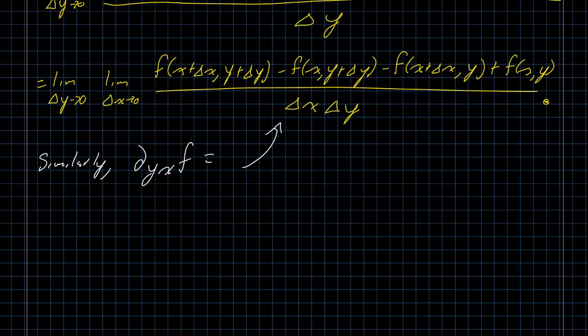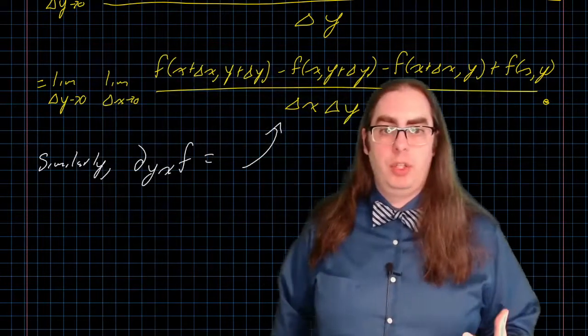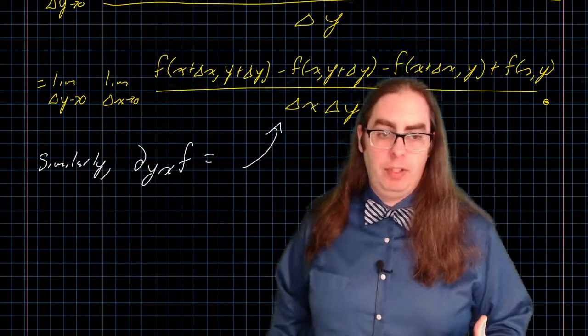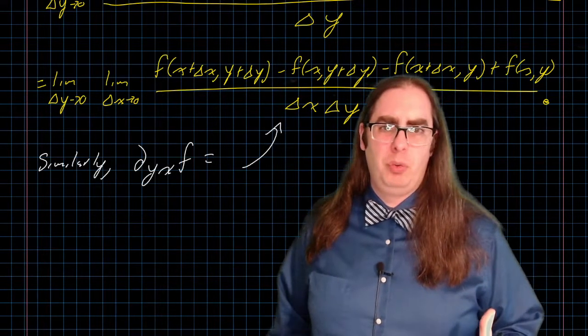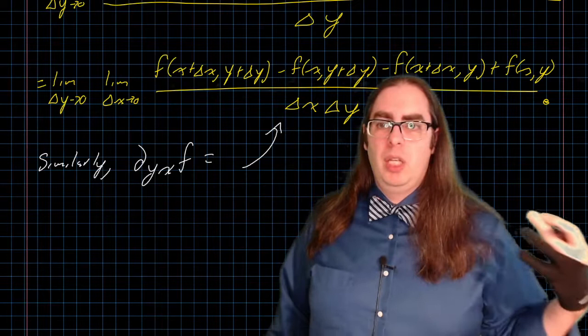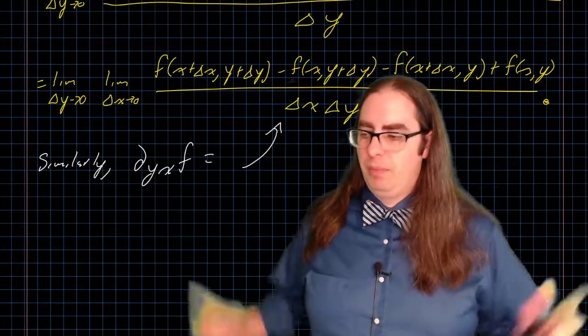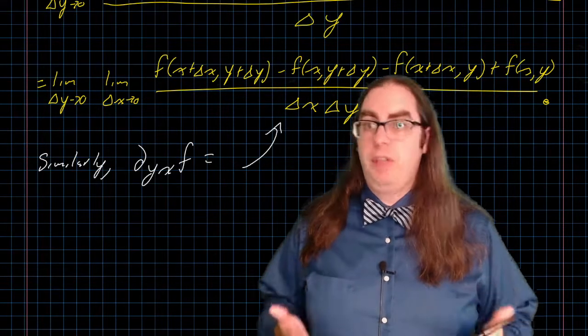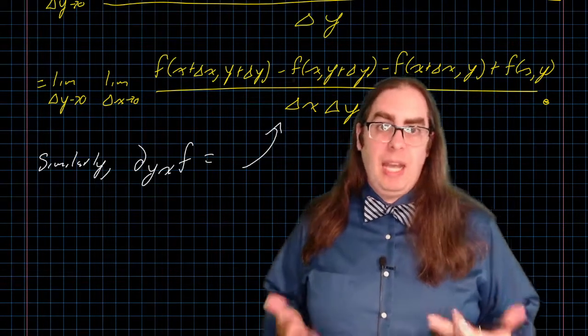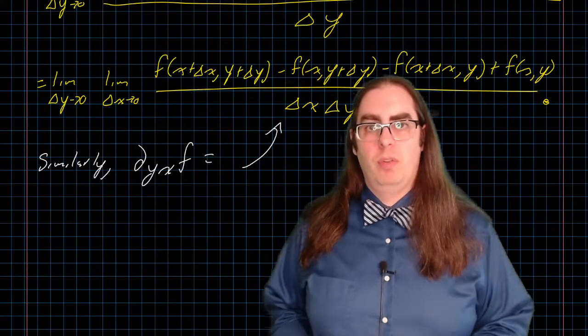And you can go through, you'll swap where your x plus delta x and y plus delta y's show up, but you will get exactly the same limit following the exact same process. I strongly encourage you to write that process out for yourself, but I find it's a little bit difficult to see what's happening on the screen because I'm running out of space here. But try working through that for yourself. See that you get the exact same thing, and that's how we know that Clairaut's theorem works.